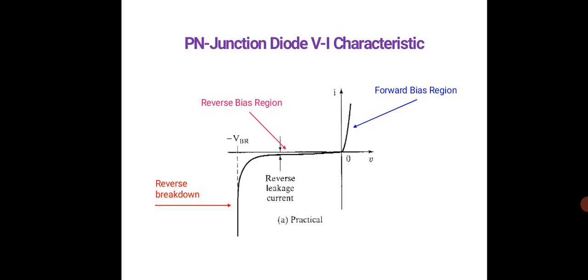Whereas in the reverse bias region, after the breakdown voltage, represented here as VBR, the current keeps on increasing while maintaining a particular voltage.